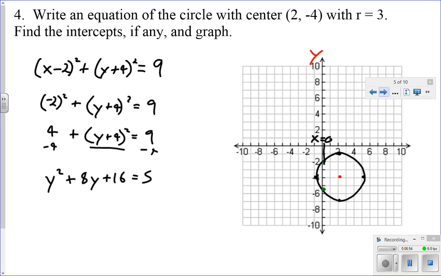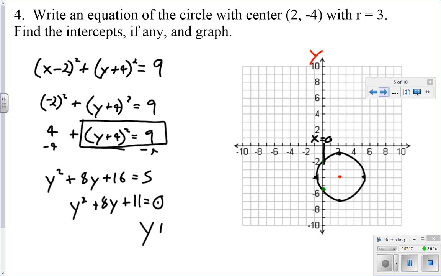Actually, at this point, if I subtract 5 from both sides, I'm going to notice that y squared plus 8y plus 11 is equal to 0. Well, that's not going to solve nicely, so I'm going to try and complete the square. Well, I already had the square completed up here. So I can go back to here and say y plus 4 squared is equal to 5.